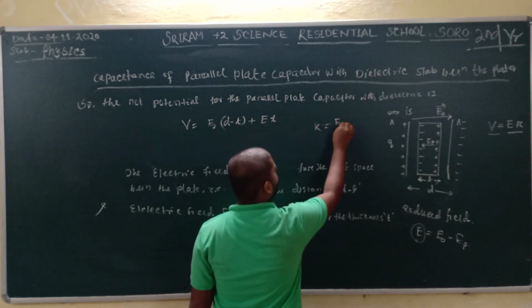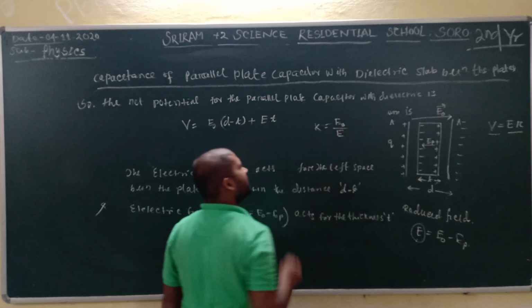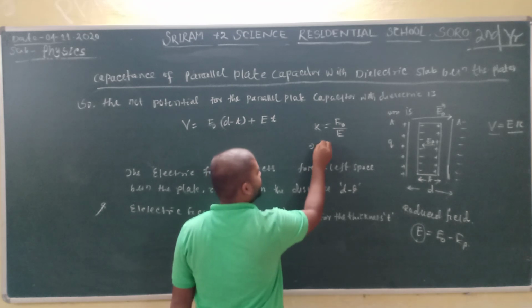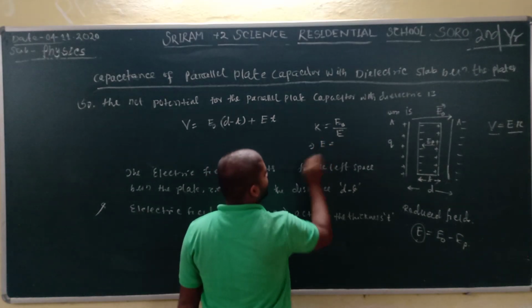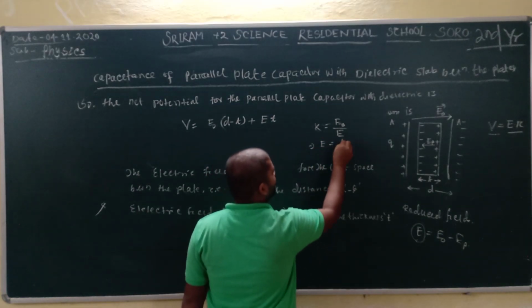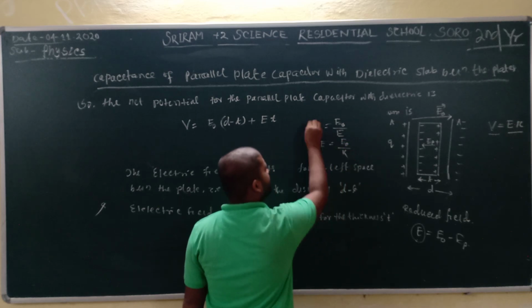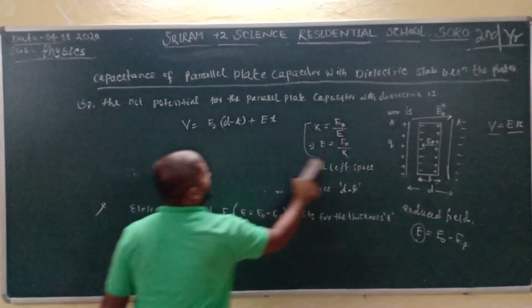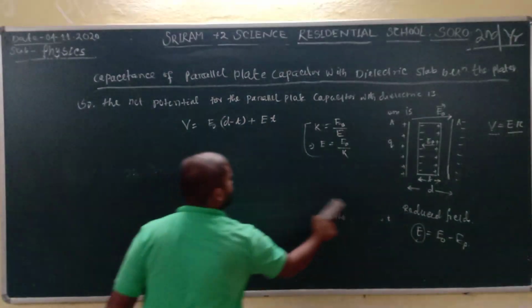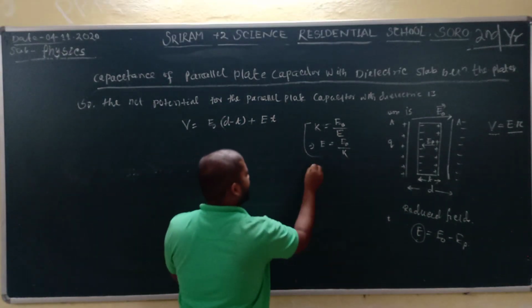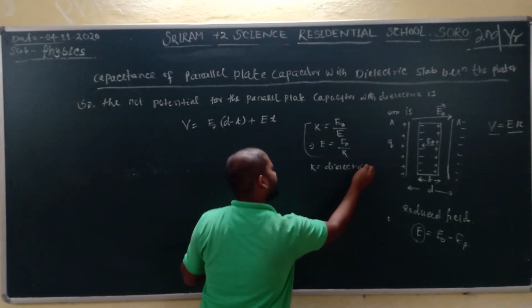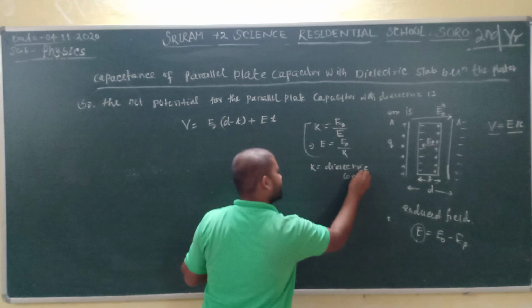But we know K equals E naught divided by E. So, if K equals E naught divided by E, then we can write E equals E0 divided by K. Okay. So, replace the value of E by E0 by K, and K is the dielectric constant.